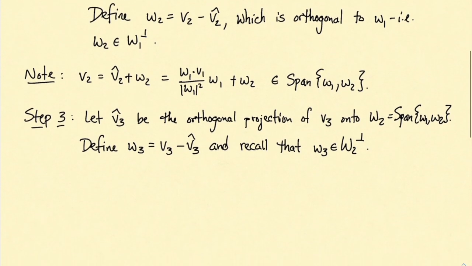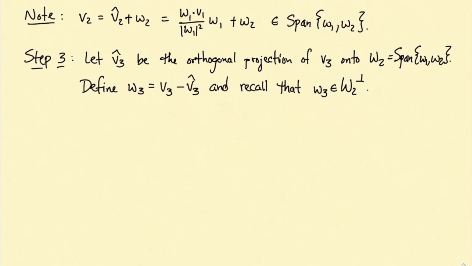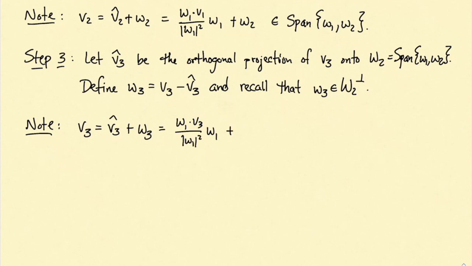Again, we note that V3 can be written as V3 hat plus W3, and V3 hat is obtained by taking W1 dot V3 divided by the norm of W1 squared times W1, plus W2 dot V3 divided by the norm of W2 squared times W2, plus W3. This is an element in the span of the three vectors W1, W2, and W3.